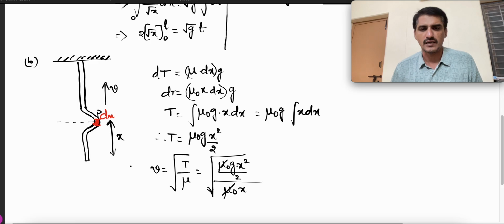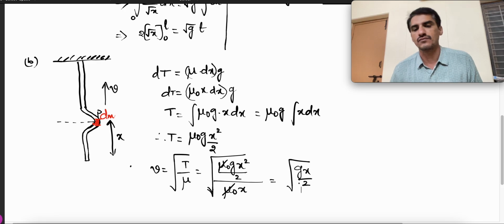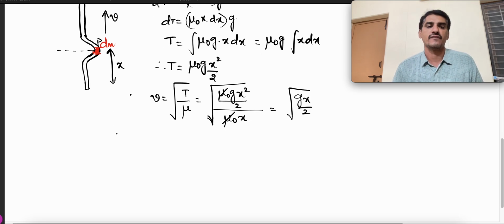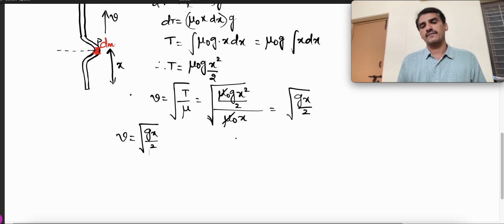So mu naught gets cancelled, and finally we are going to get root of gx by 2. This is the velocity, or the speed of a transverse wave in that string, where density is changing as mu is equal to mu naught into x. See, this is v value.